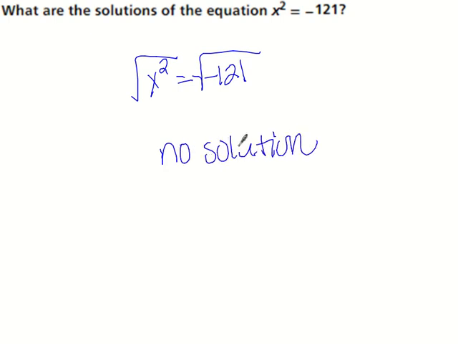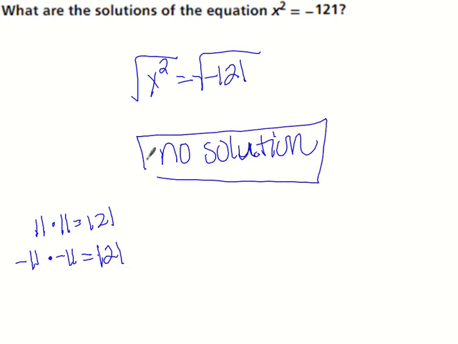You cannot take the square root of a negative. 11 times 11 is 121, but -11 times -11 is still positive 121. There's no way to get a negative squared number. So anytime you take the square root of a negative, the answer is no solution, because there is nothing I can multiply by itself to get a negative answer.